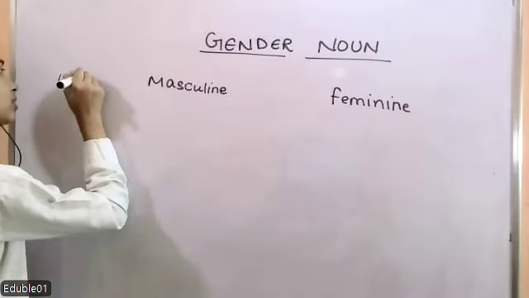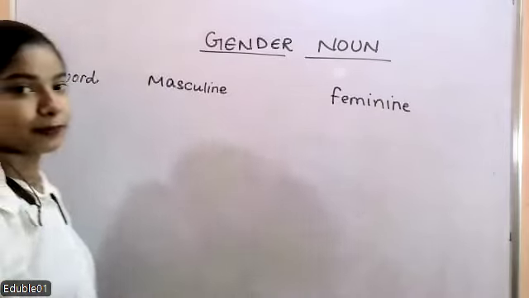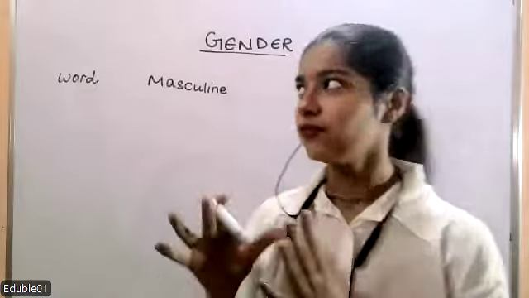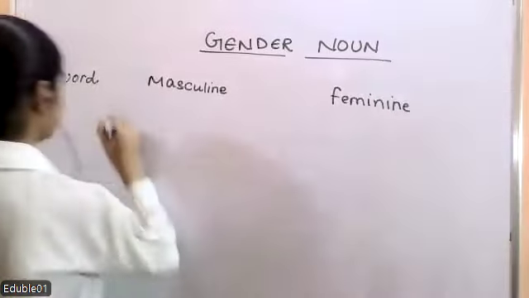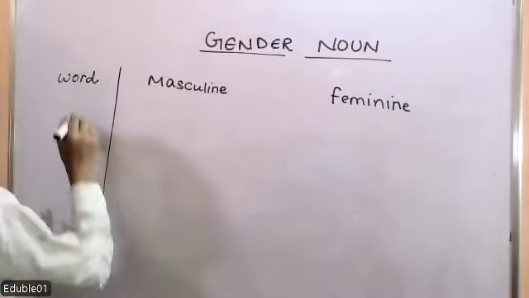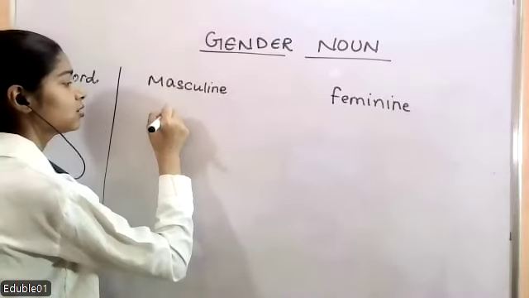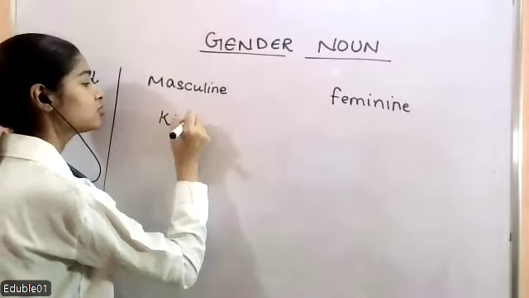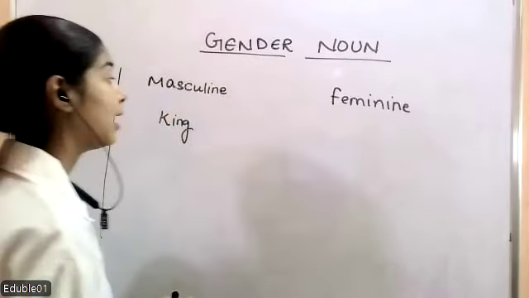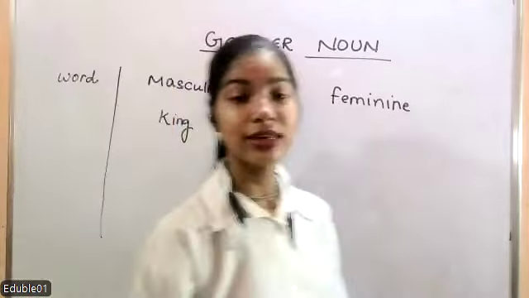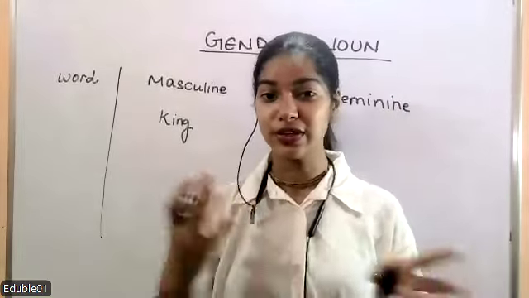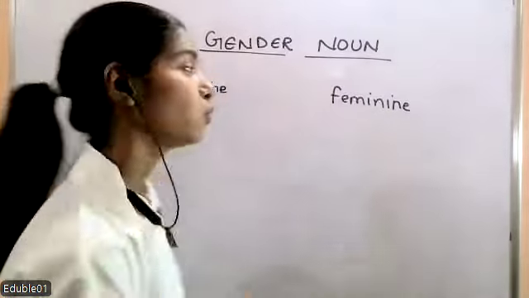We will be learning it with some examples. Let's say king. King is a masculine noun. And what is the feminine for the king? What is the female for a king? That is queen.